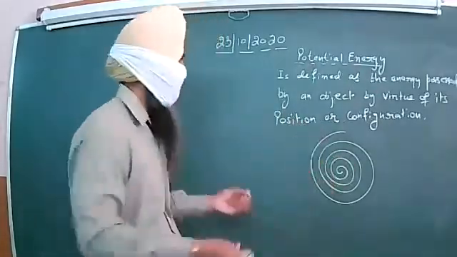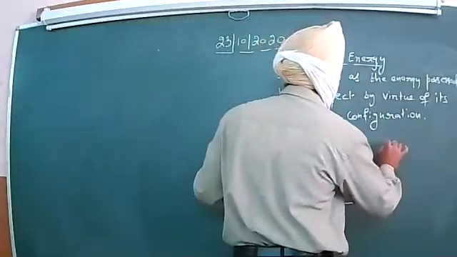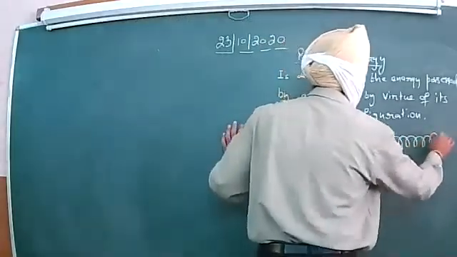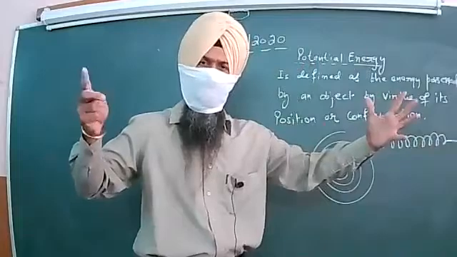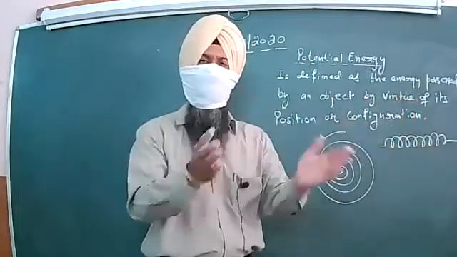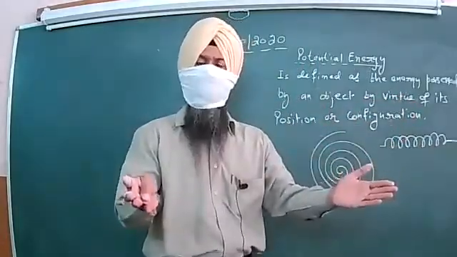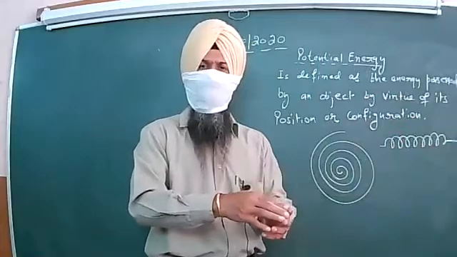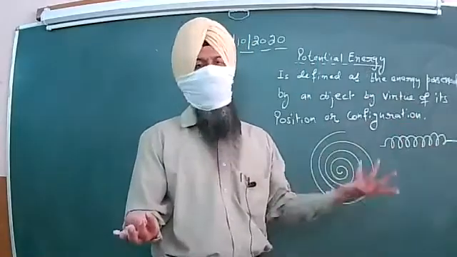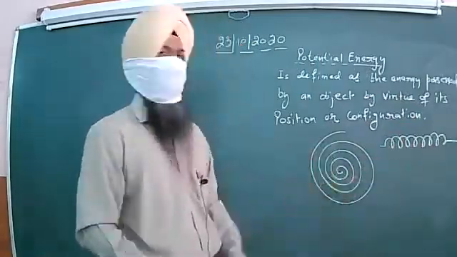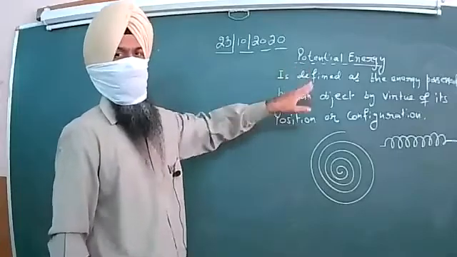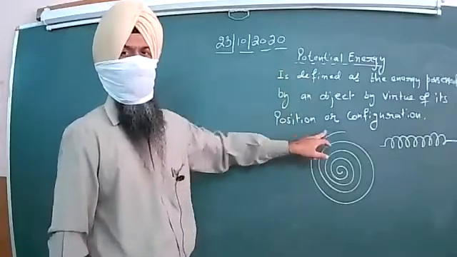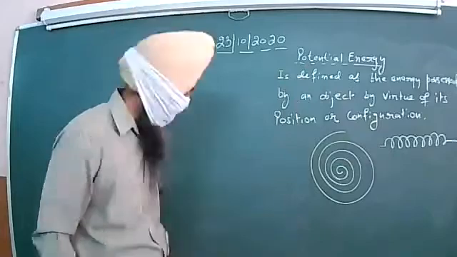You can also take the example of this spring in the horizontal position. You can elongate it, leave it, and it will come back. So when we stretch a spring, energy is stored in it, and that energy is due to the configuration. This is how we say that potential energy is in the form of position as well as configuration.